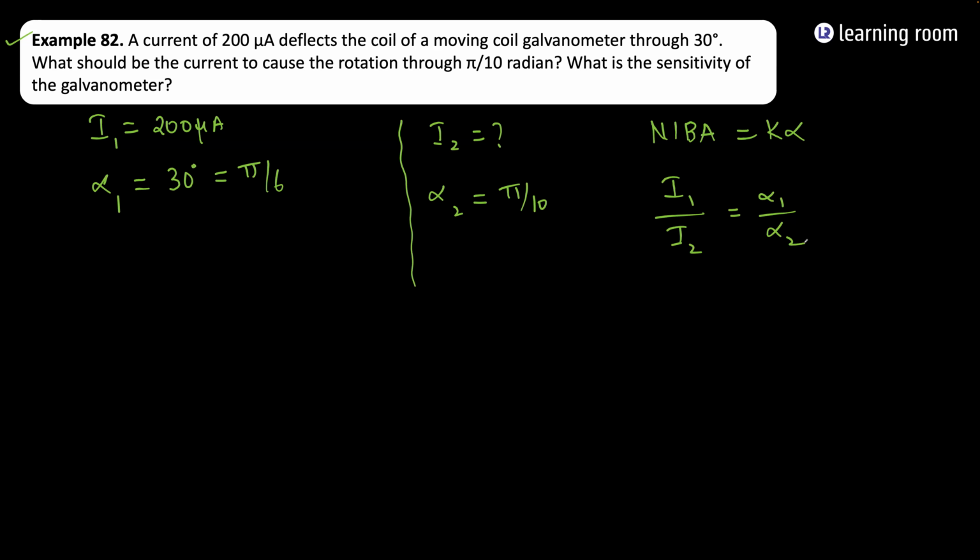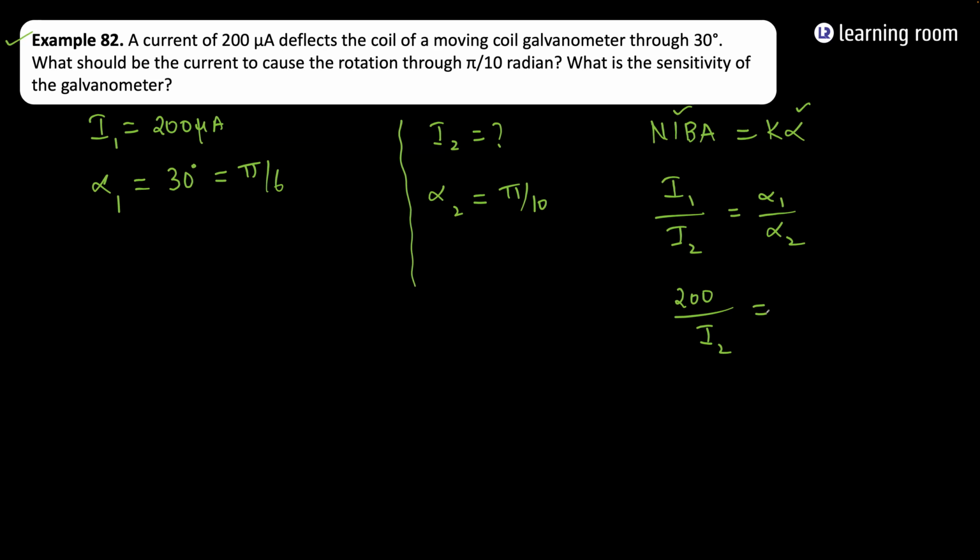That is all you need to do, because the two variables are I and alpha, and I is directly proportional to alpha. So I1 by I2 is equal to alpha 1 by alpha 2. What is the value of I1? 200, and I'll leave it as micro only. The final answer should be reported in terms of microampere. 200 divided by I2, which is what we need to find, is equal to alpha 1 by alpha 2, which is pi by 6 divided by pi by 10.